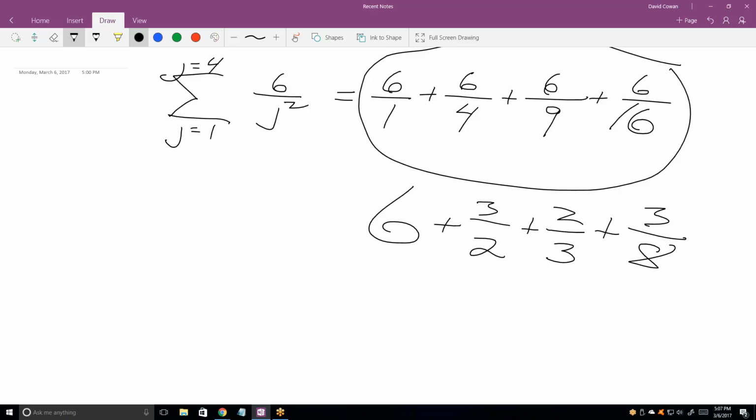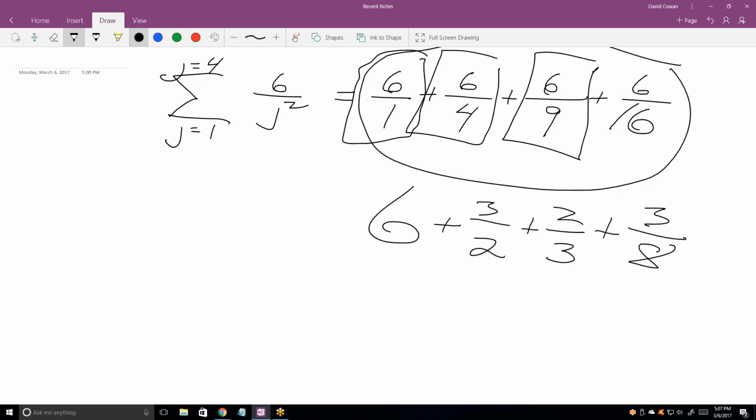No, the way you interpret this is the first term is when J equals 1. The second term is when J equals 2. Third term, J equals 3. Fourth term, J equals 4. And then it's the sum of those 4 terms. What sigma means is sum.